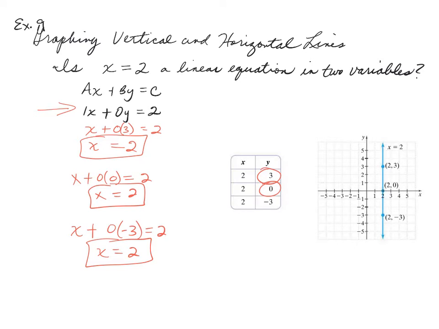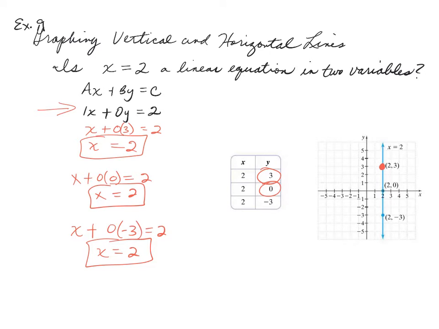X equals 2 for every point on that particular line. What that means is the x coordinate is always going to be 2 along this line. Any point on a line that has the equation x equals 2 will have an x value that is equal to 2. And when you plot that, you get the points over here on this graph.